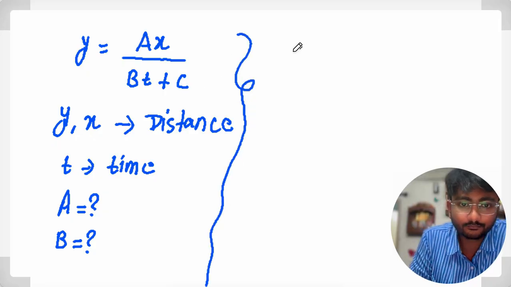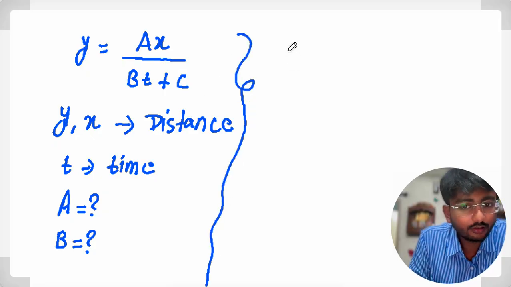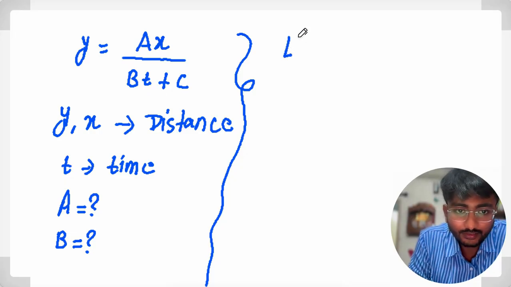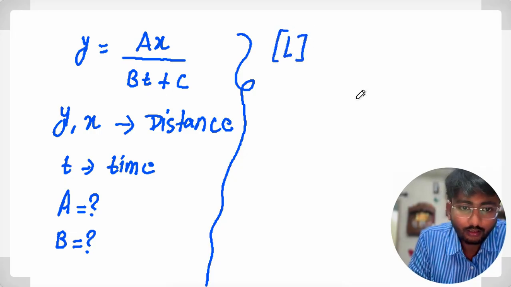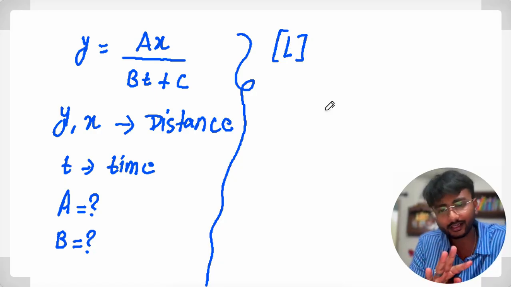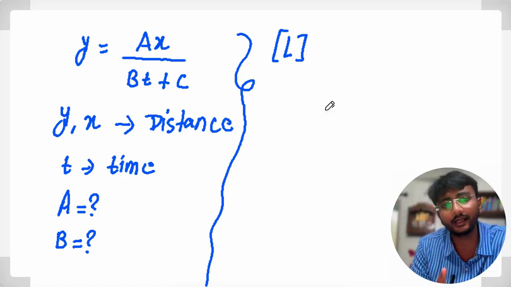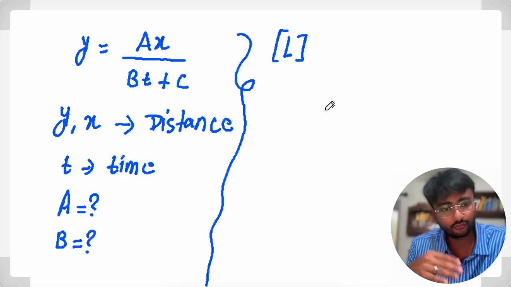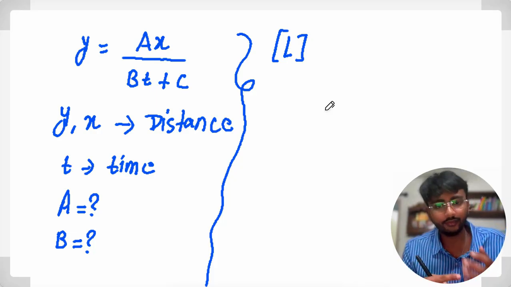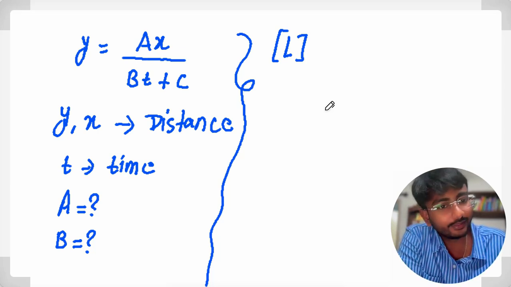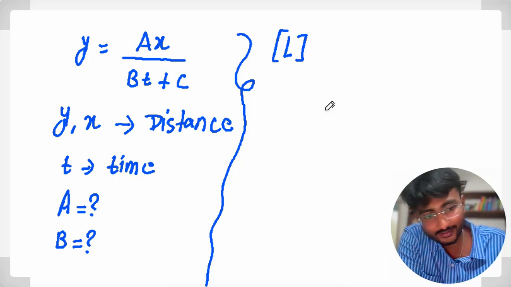See, y is what? Y is distance. That means the dimension of this will be L. So what is the dimension of the left hand side? Whatever the dimension of the left hand side is will be equal to the dimension of the right hand side, right? I have told you earlier that whenever we do any mathematical operation with quantities, the dimension of both sides will be the same.